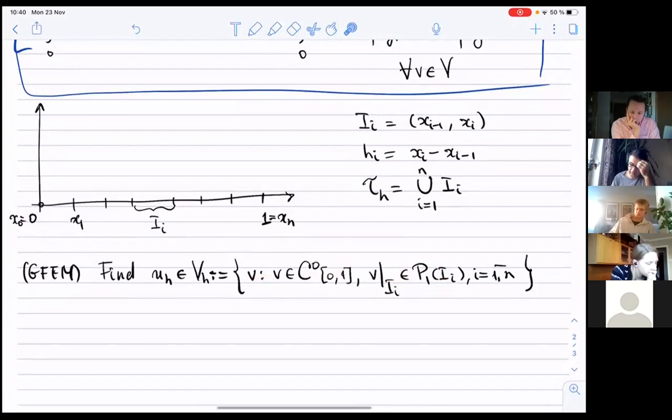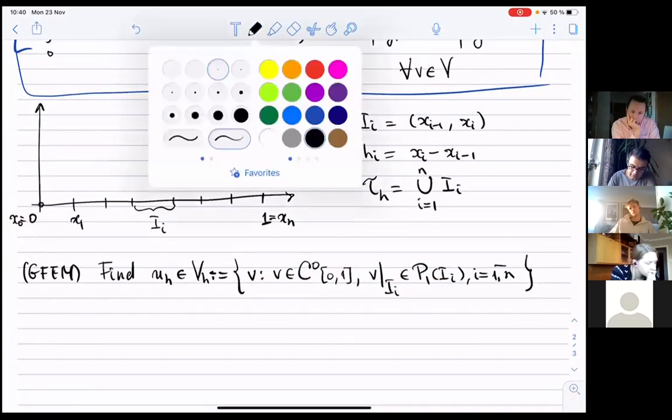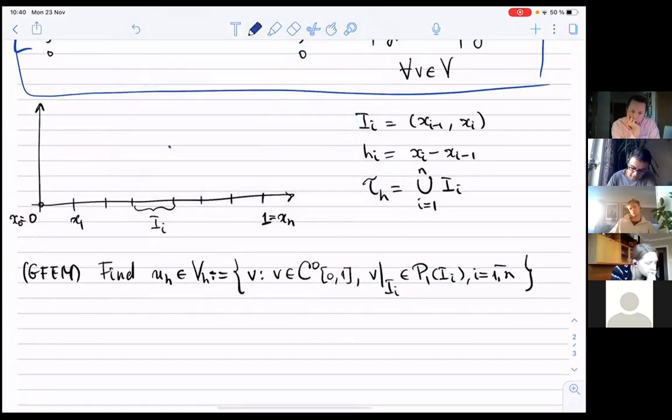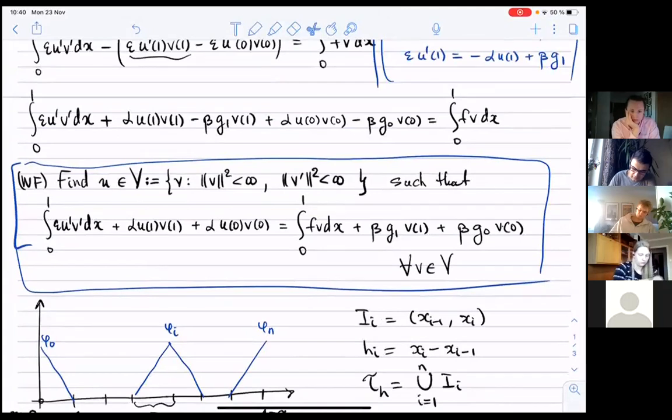The dimension of this is finite, and the basis is constructed from hat functions, phi i. Of course, here we include the boundary, so we also have half hat functions, phi n. The dimension is the number of these basis functions, which in this case is n plus 1, such that this formulation holds. So I can just copy this.